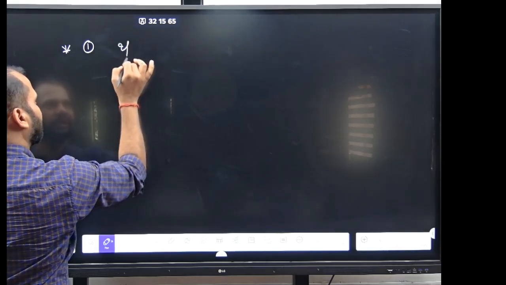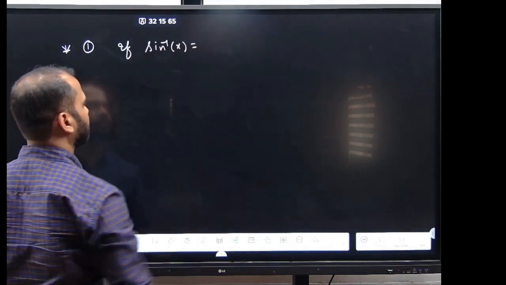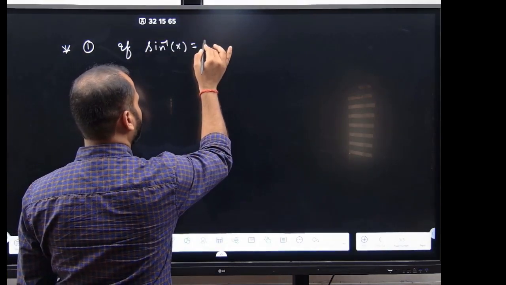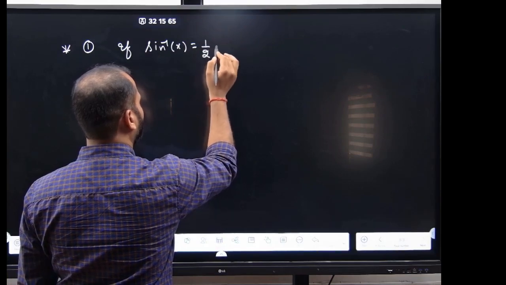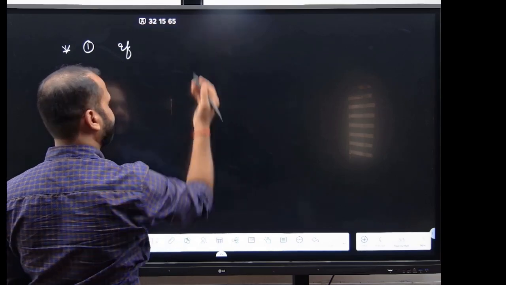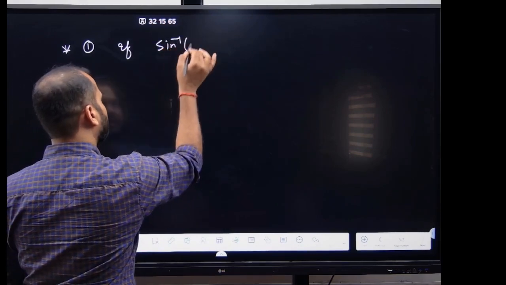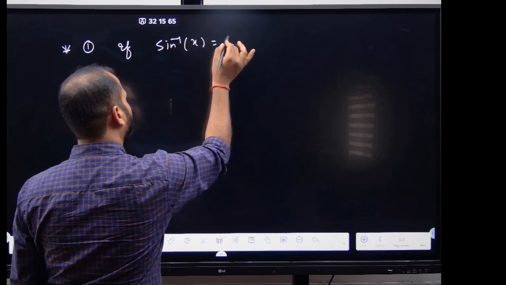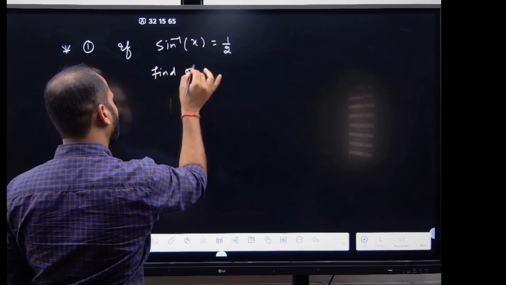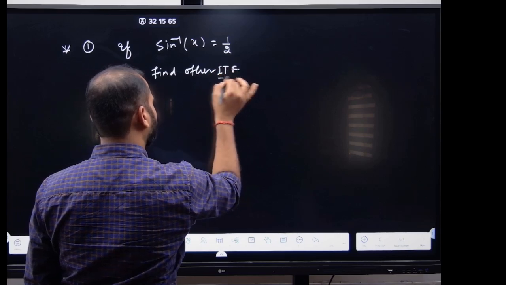Let it be, I will write like this, if sin inverse x is equal to 1 by 2, find other inverse trigonometric functions.